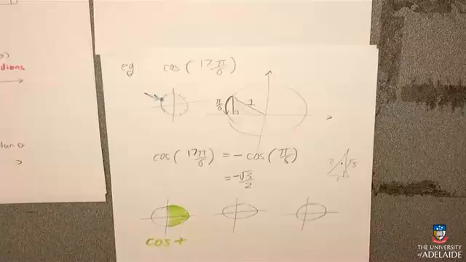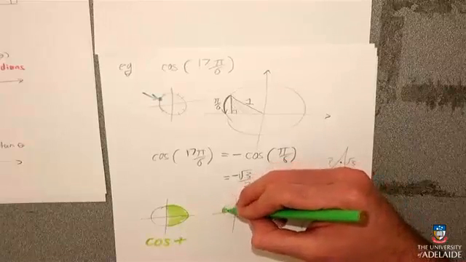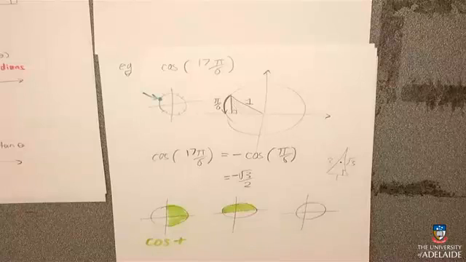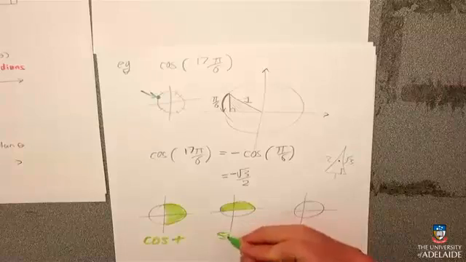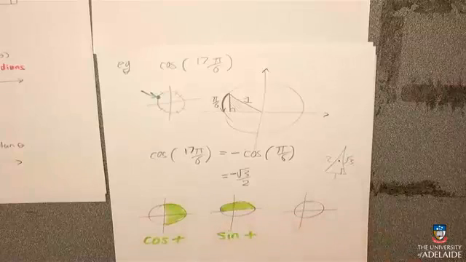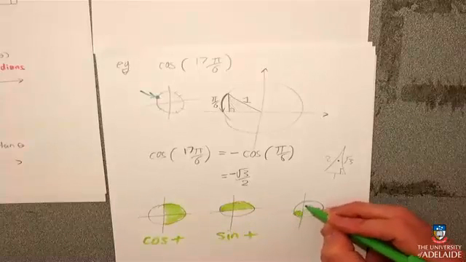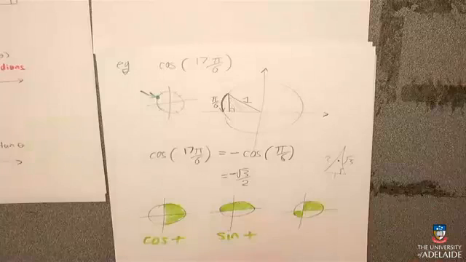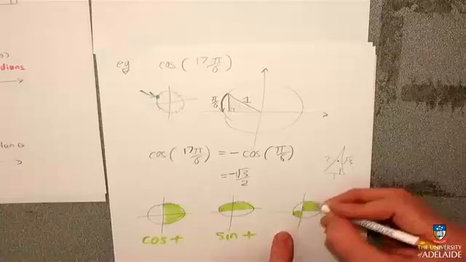And sine is positive up here, because that's where the y-axis has positive numbers, and sine is the numbers on the y-axis. And tan is positive here, because that's where the slope of the line is positive. If I draw a line here or a line here, we get a positive slope line.